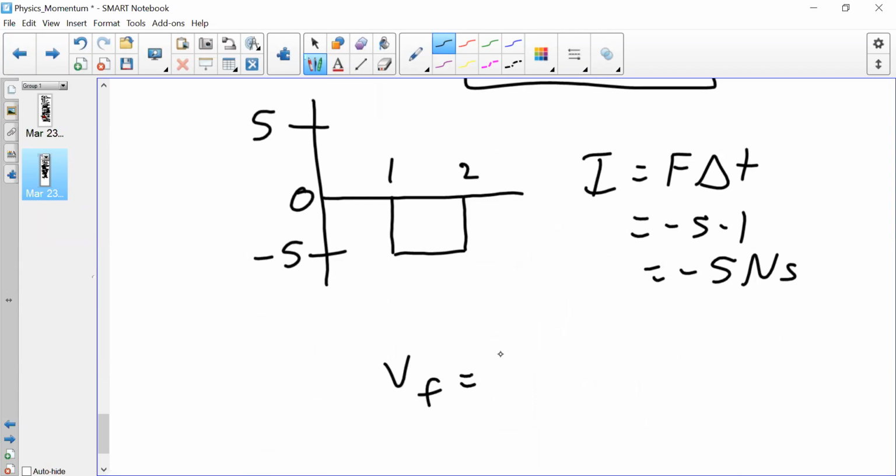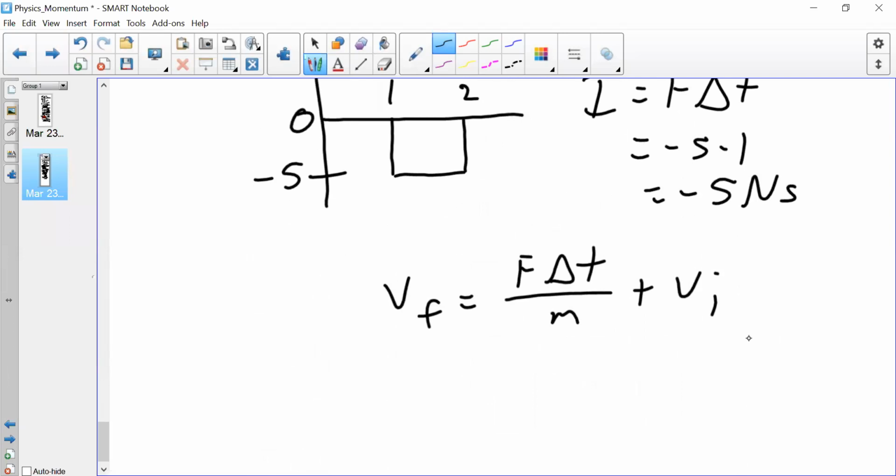F delta t over m plus the initial velocity, which is 2. It was going to the right, 2 meters per second. It didn't really give a direction, but since the 2 is positive, the assumption is to the right or positive direction. So this is going to be -5 divided by 7 plus 2.